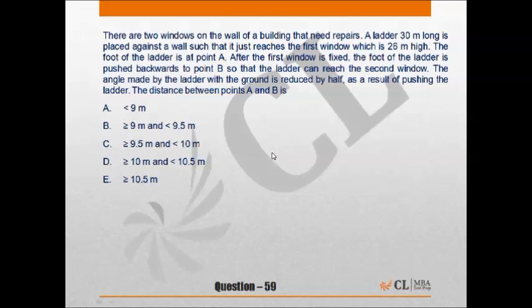In this problem, it is given that there are two windows on the wall of a building that need repairs. A 30 meter long ladder is placed against the wall such that it just reaches the first window, which is 26 meters high. So it is something like this.